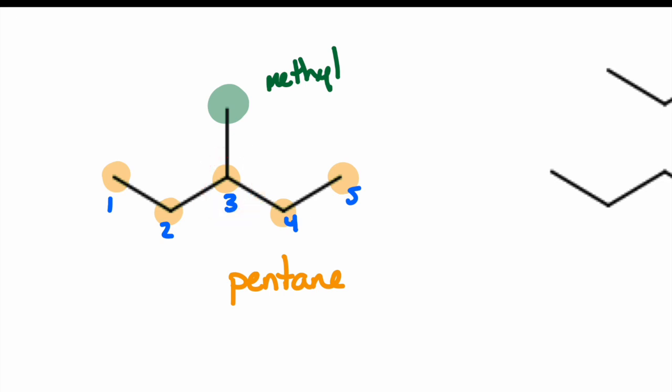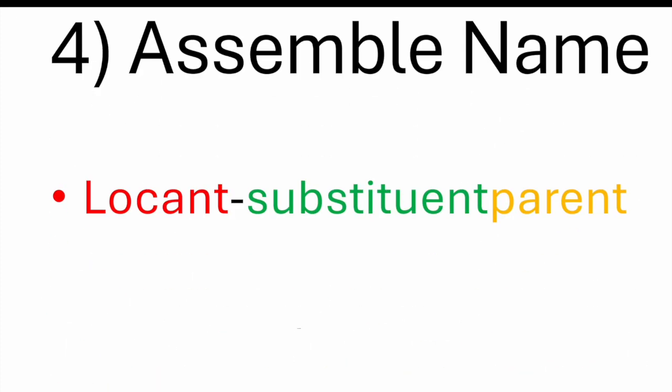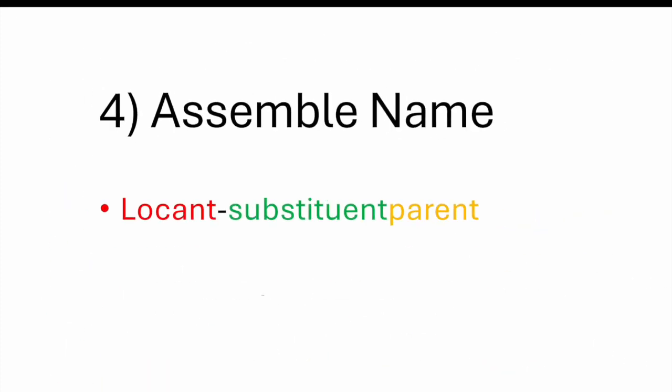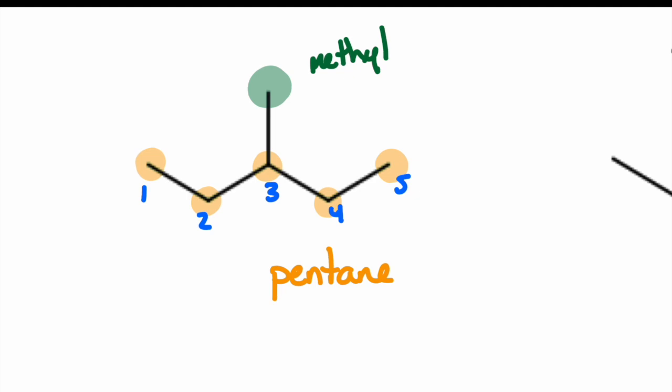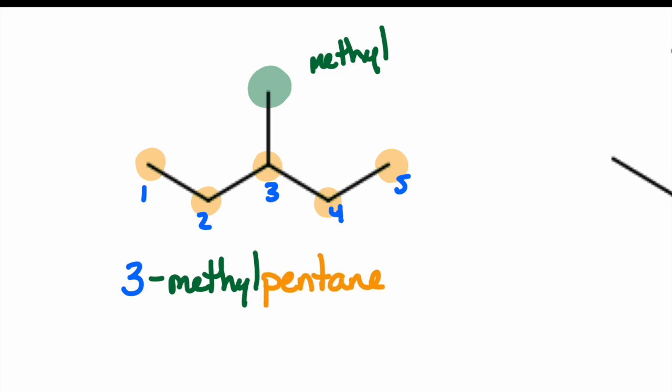And the last step is to assemble our name, put everything together. We do that with the locant, the number of our carbon where our substituent is, followed by our substituent name, and then the parent chain, all run together, all one word. So this, with our methyl group on carbon 3, would be 3-methylpentane. All one word, all run together.